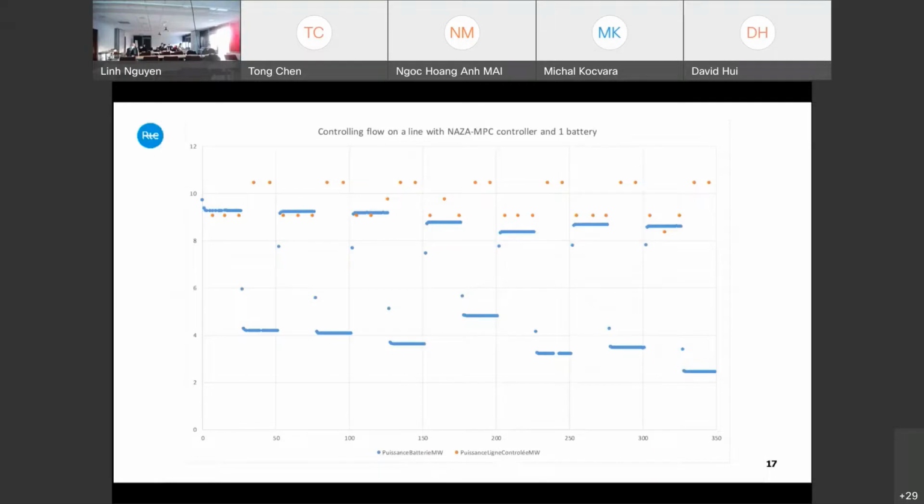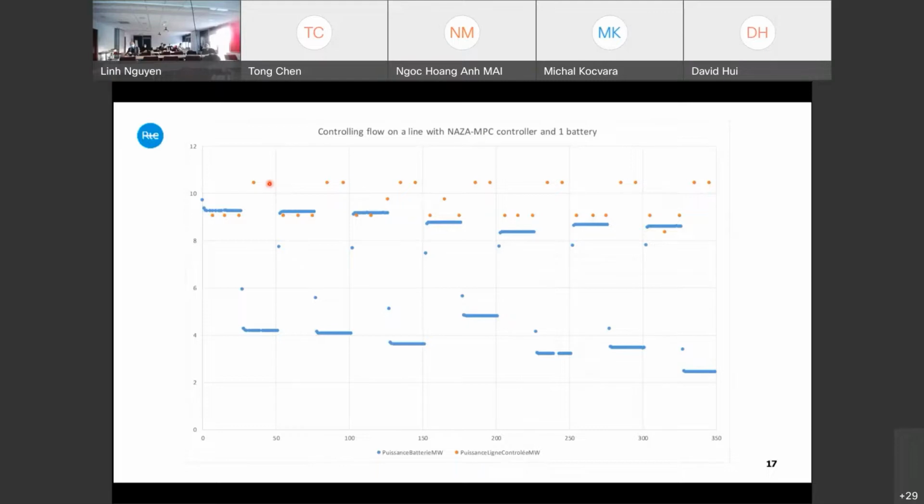And now this is an example of an experiment. This is real data. Here, for some reason, there was a bug in the software in some gateway, so the battery, which is in blue here, was oscillating. And here we are measuring in red the flow on the line.